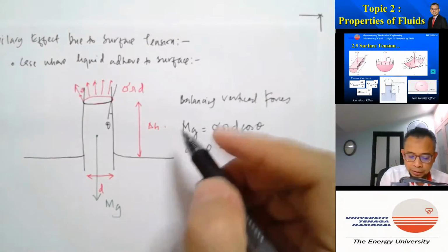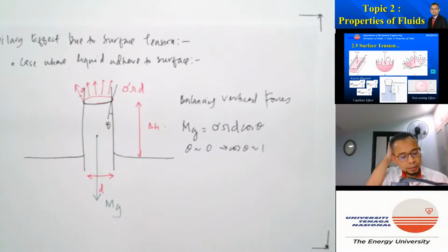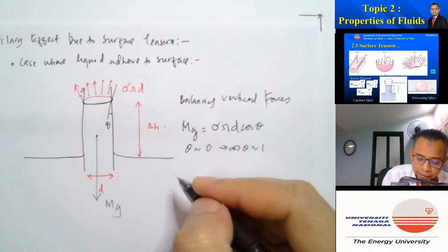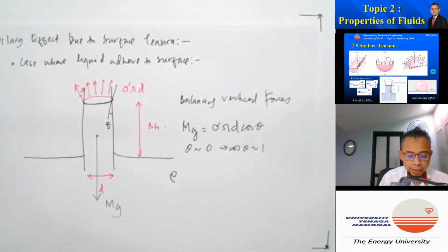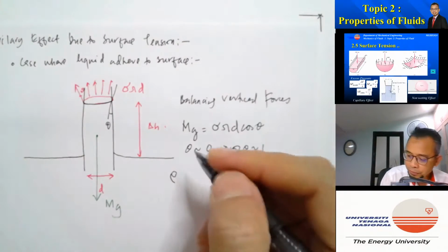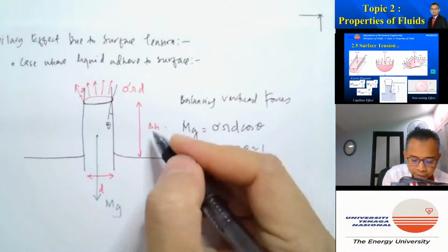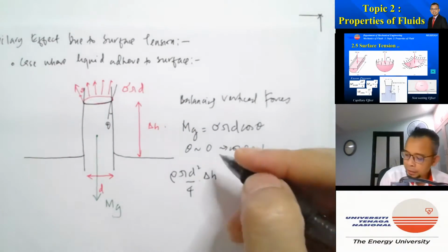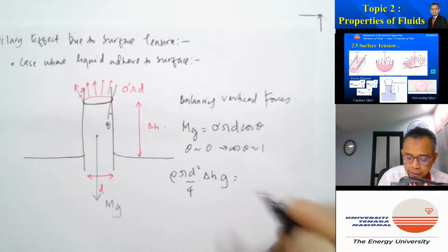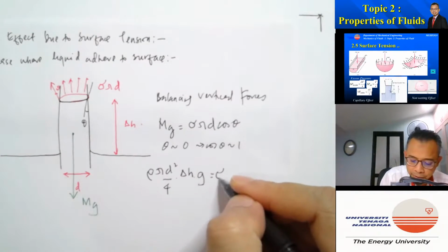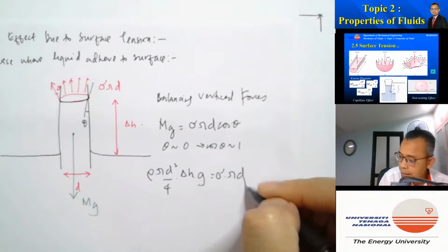So we can rewrite it again. m is rho multiplied by volume. The volume is pi d squared over 4, which gives us the area, multiplied by delta H, then multiplied by g, and that must be equal to sigma times d.